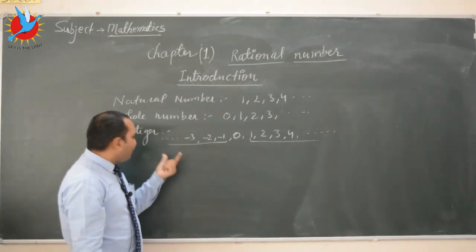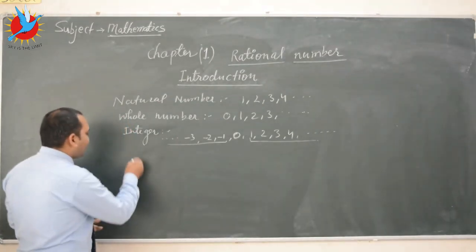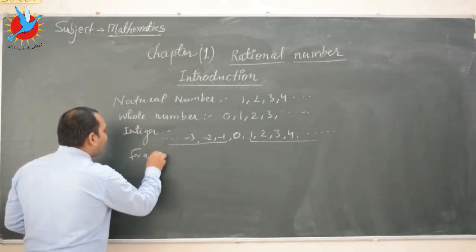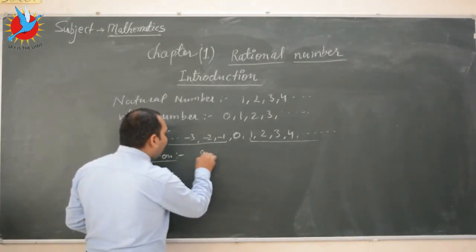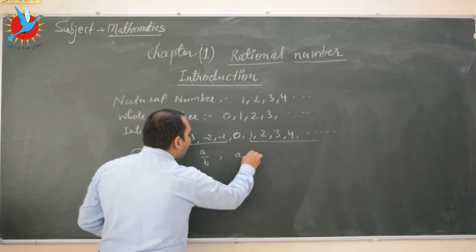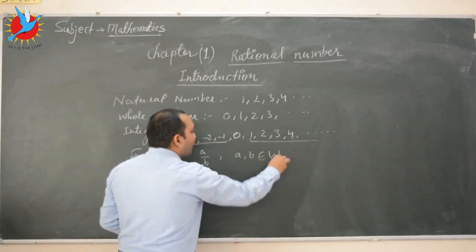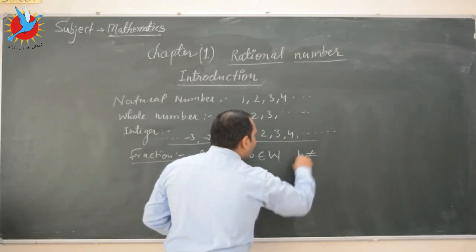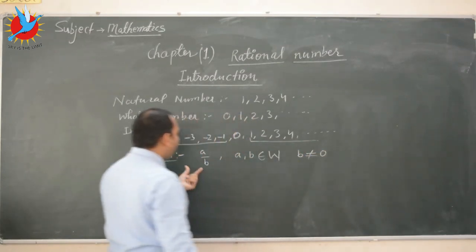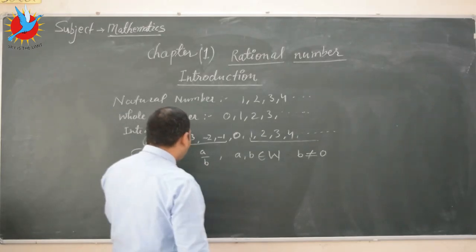In the previous class we also read the fraction. What is a fraction? A number which can be written in the form a upon b, where a and b are whole numbers and the whole number b should not be equal to 0. That is called the fraction.